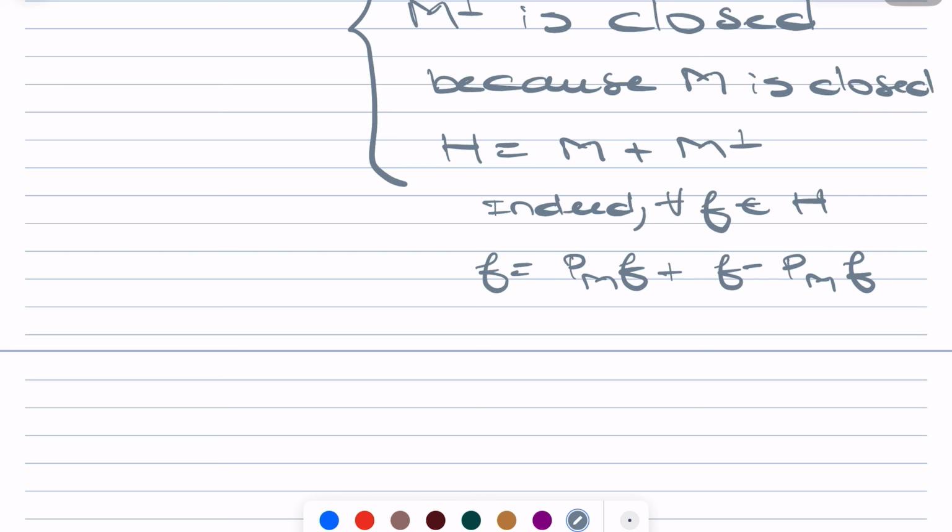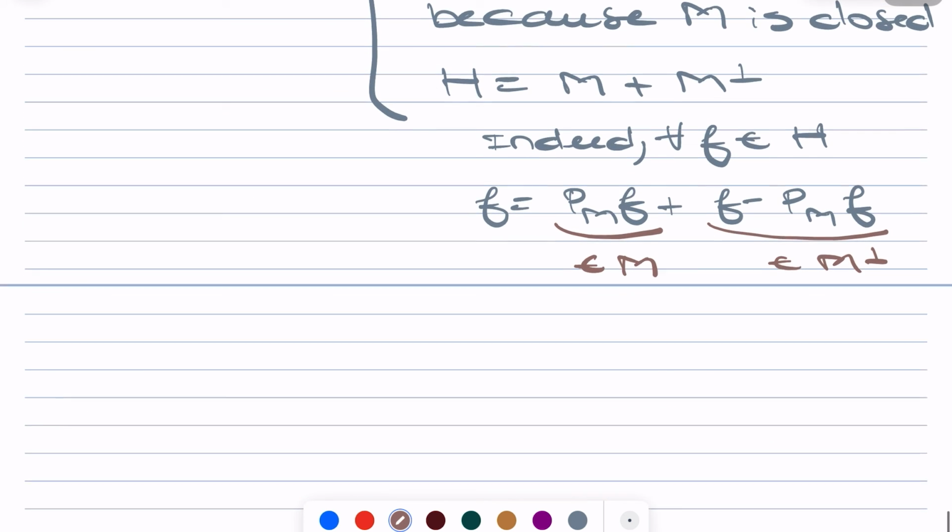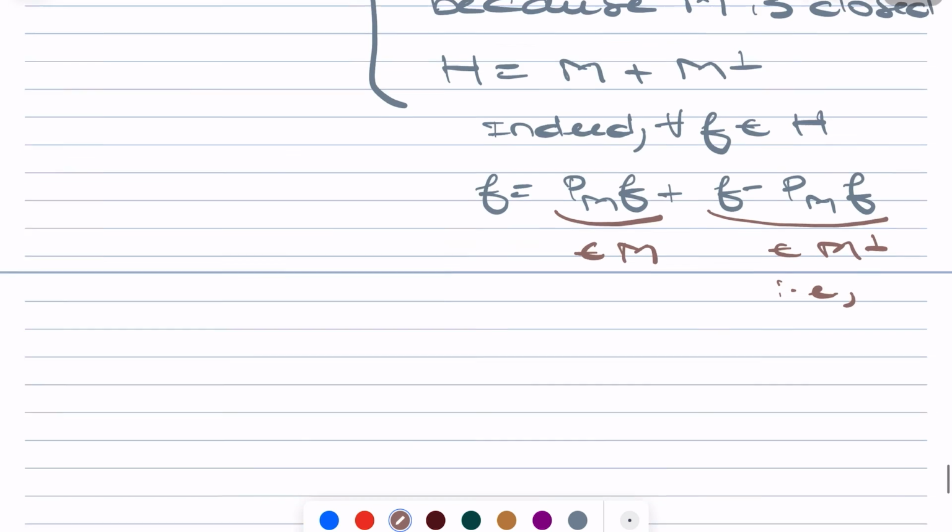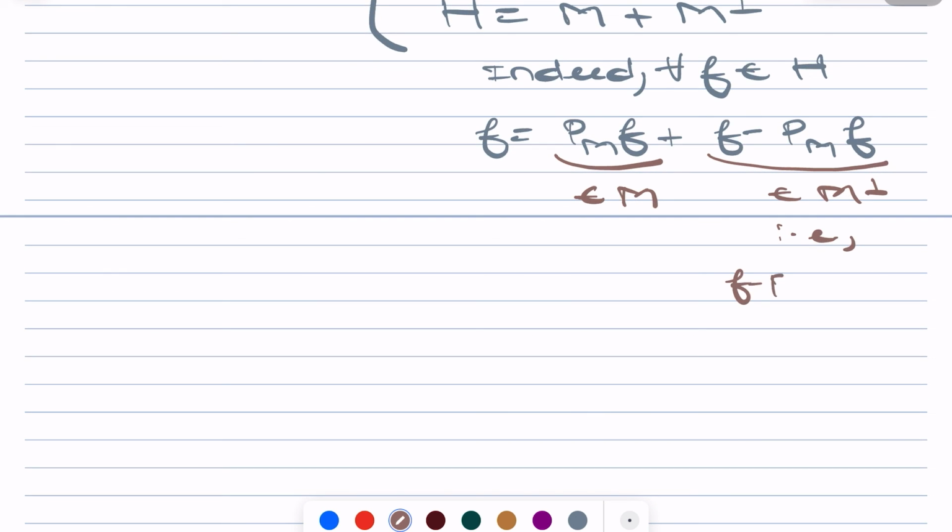Now this is just an element of M, right? And this, you can check, is an element of the orthogonal of M, right? So F minus PF is exactly the projection of F onto M orthogonal.